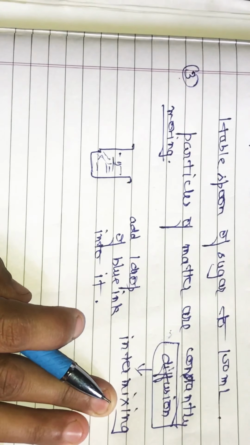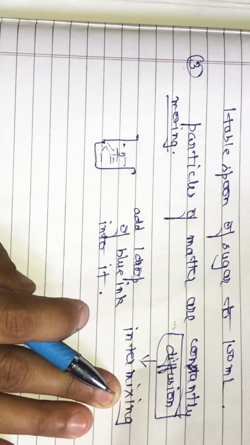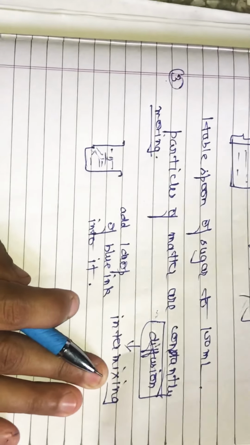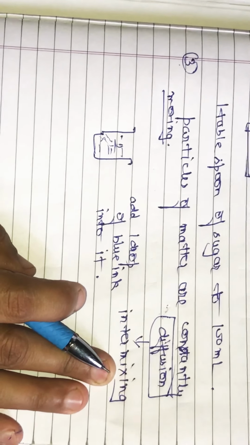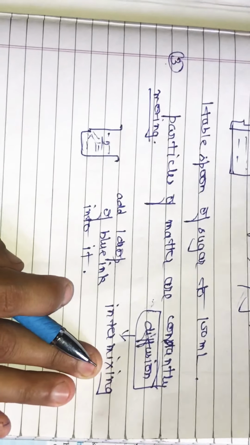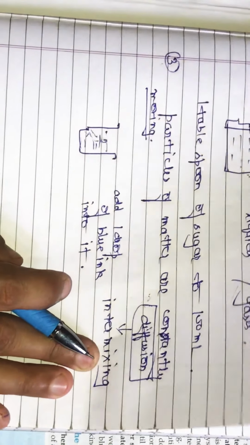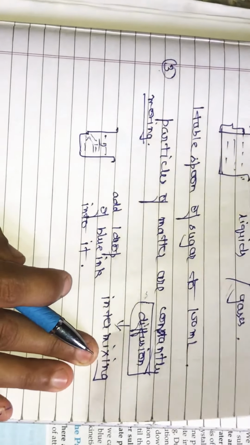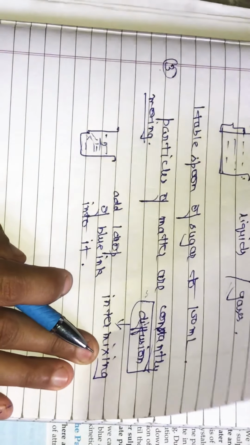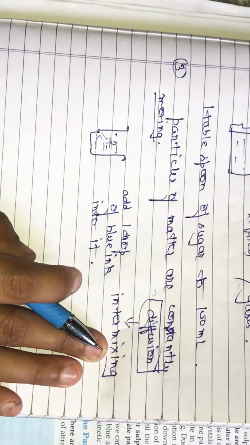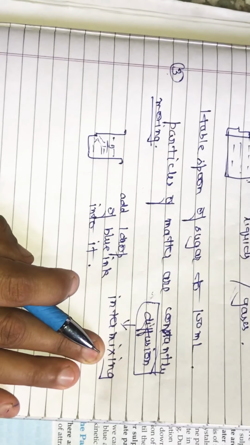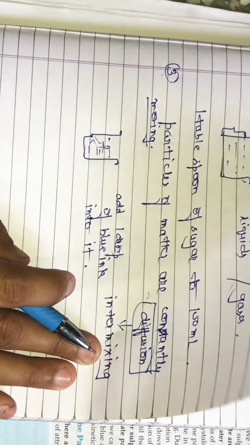And after a few minutes you can see the entire glass of water will be blue in color. So what it shows is that particles of matter are continuously moving in all directions freely, and they are mixing with the other state also, right? So this property, the intermixing of two states of matter, is called diffusion.